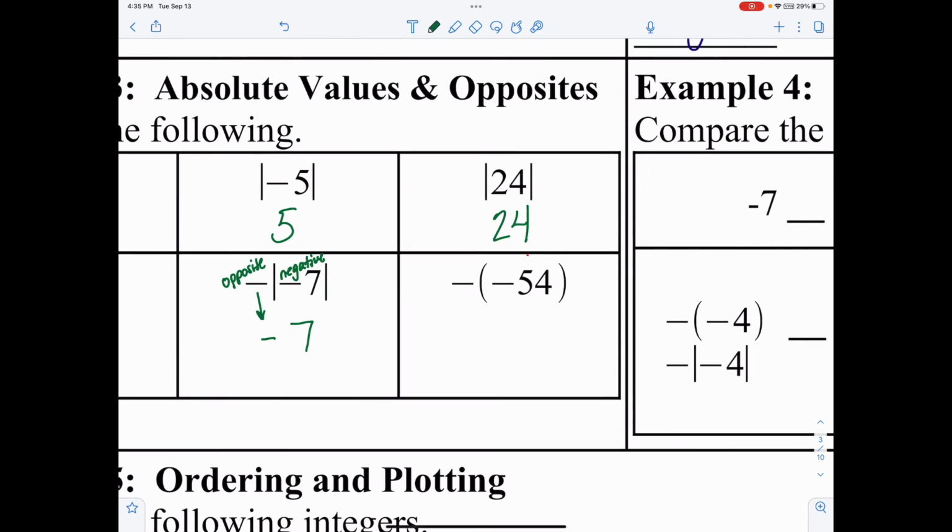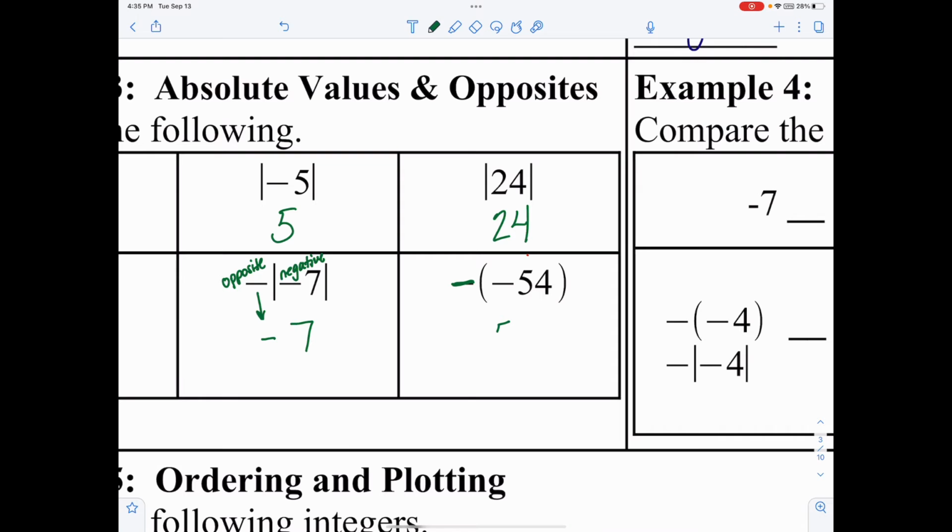All right, now this is where they're trying to trick you because these are not absolute value symbols. They are parentheses. And so what is negative 54 in parentheses? It's still negative 54. Remember, this means opposite though. Okay, so what is the opposite of negative 54?